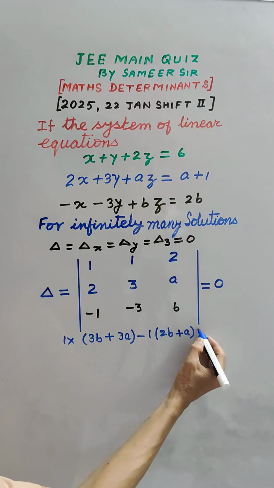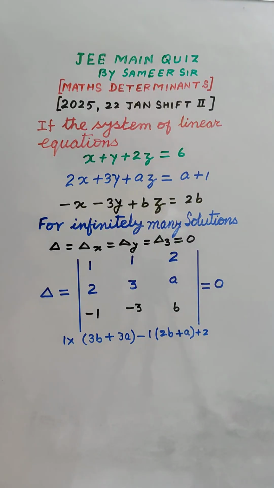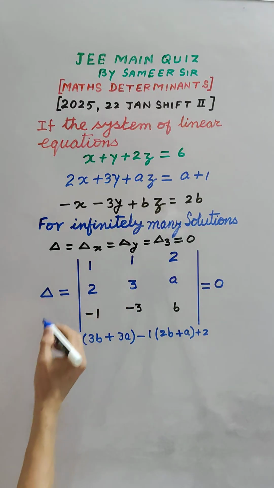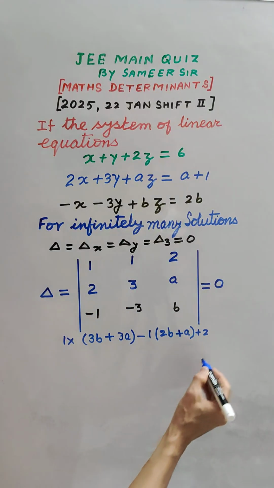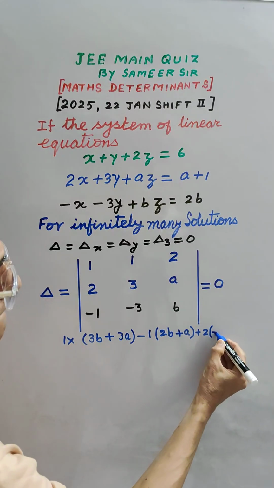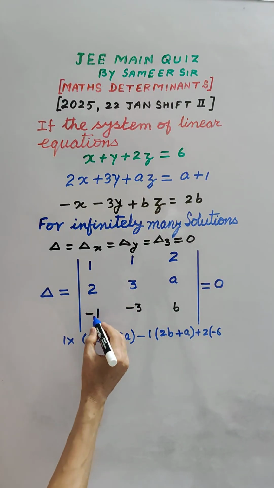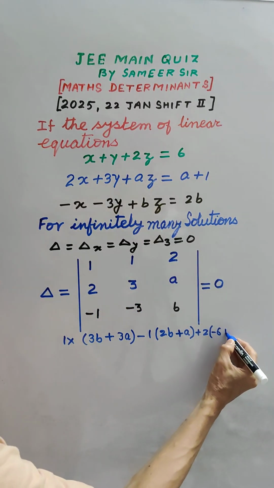Now taking 2 plus 2, leaving this and this, 3 into 6, that will be -6, because here is minus, plus 3 ones are 3, plus 3.